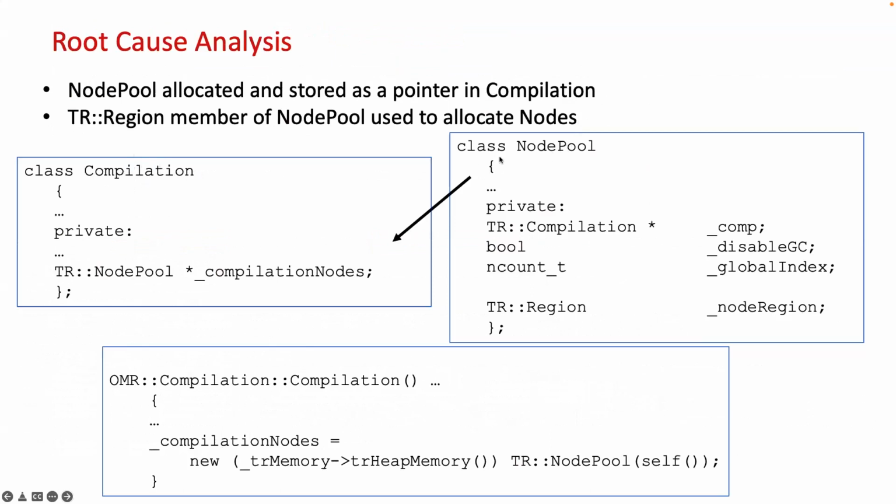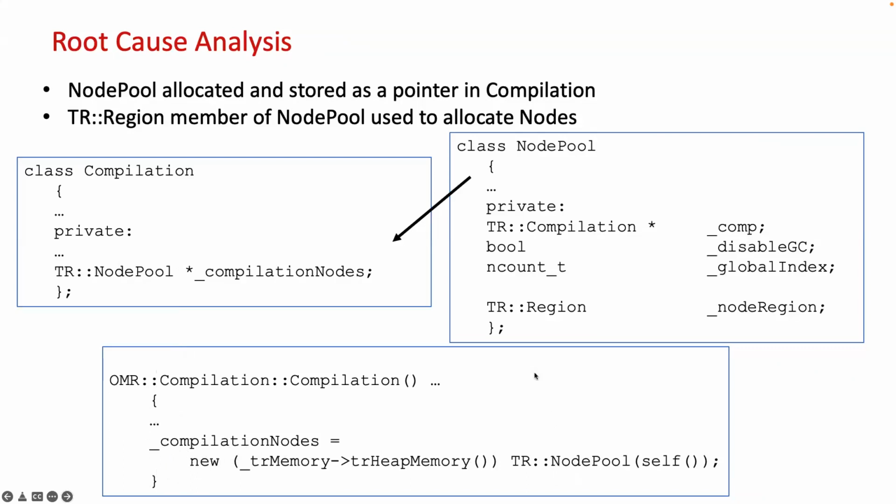But the node pool instance is a pointer to a node pool inside of that compilation. So we can see down at the bottom here a snippet showing how the node pool is allocated within the compilation. We have this compilation nodes member of the compilation class that allocates a new node pool.